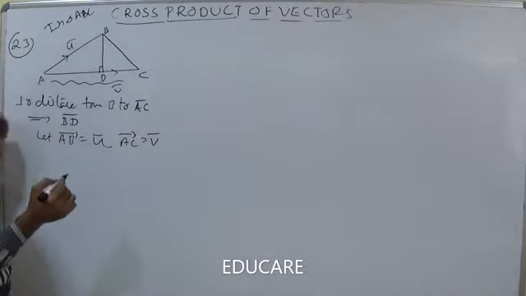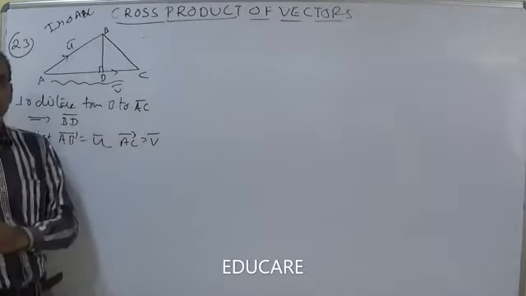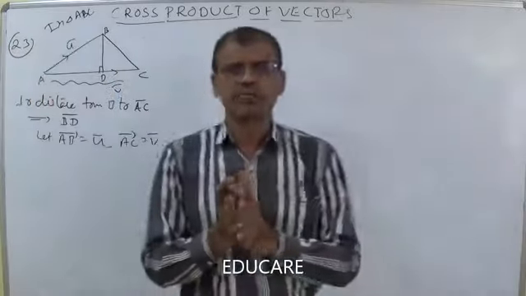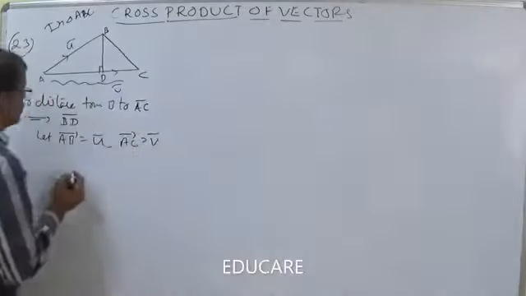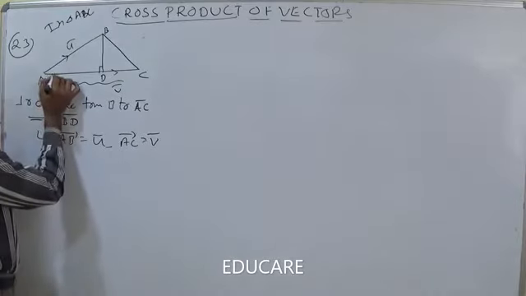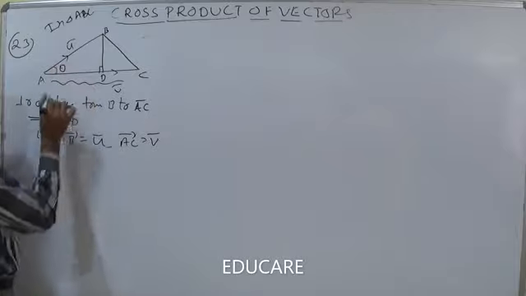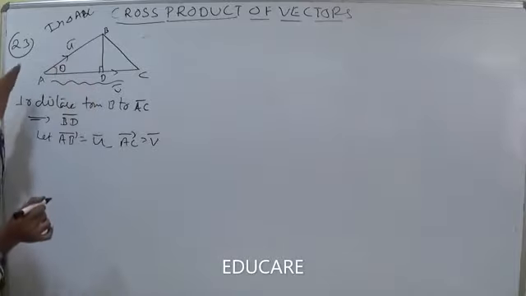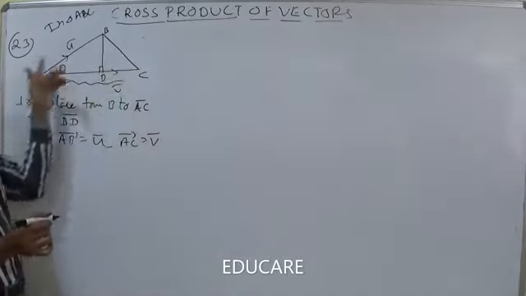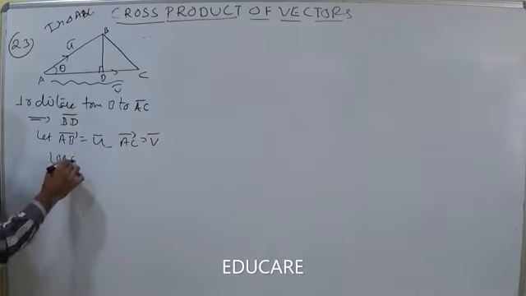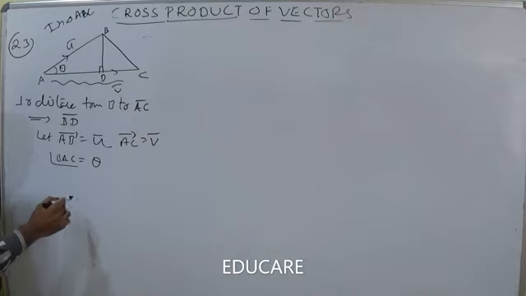Now we should discuss the BD, the perpendicular distance, where D is the foot of the perpendicular. Angle theta is made by the positive direction of the x-axis with AC. So put angle BAC here as theta.